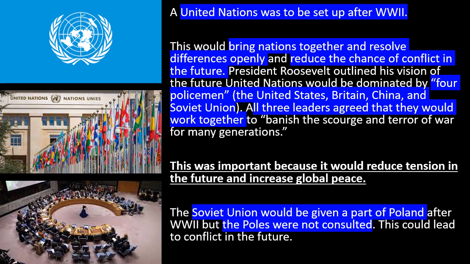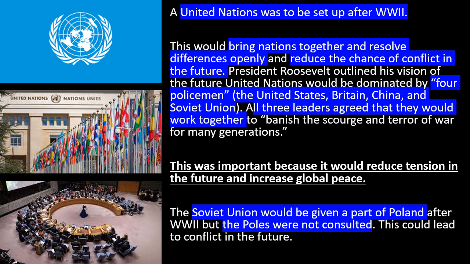They agreed that a United Nations was going to be set up. The purpose of that being that no more would we rely on secret agreements and treaties and alliances. Everybody would come to the headquarters of the UN and meet. And if there were any issues that were threatening world peace, because that's the whole point of it, everybody gets together to resolve their differences and disputes to avoid war happening again and dragging everybody into another global conflict.